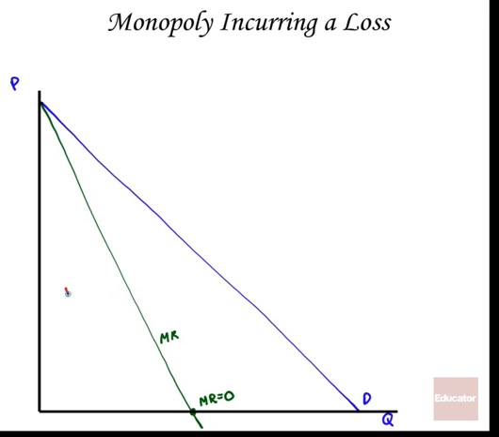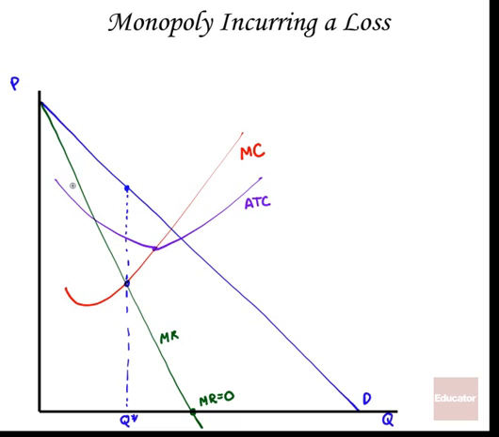And you just do the marginal cost, and then the ATC is going to be between the demand and marginal revenue, at the minimum point, and you go ahead and draw the ATC here. Now, where's the profit maximizing quantity? It's where the marginal cost and marginal revenue intersect. And this is the profit maximizing quantity. You move up until it hits the demand curve, and you have the profit maximizing price here.